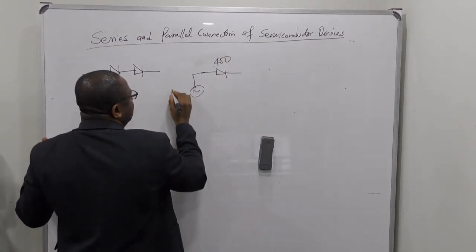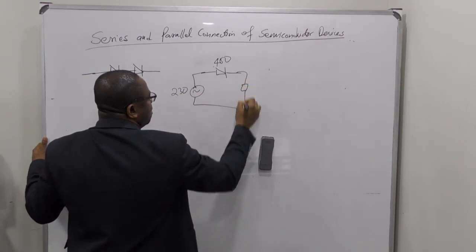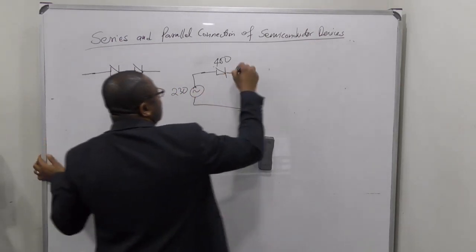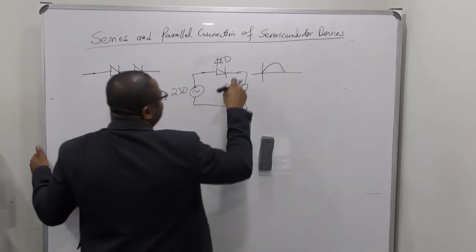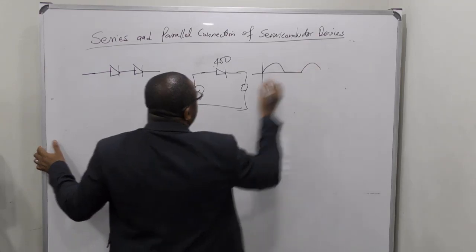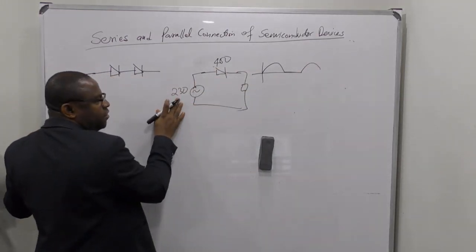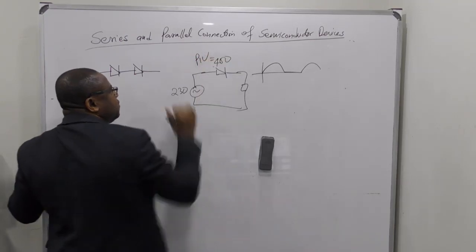So I have these are 230 volts. Put my load there. All right, the output here will look like that. Forward biased. When it is reverse biased, it blocks off. Okay. On reverse, this is voltage, but the peak inverse voltage here is 400 volts.